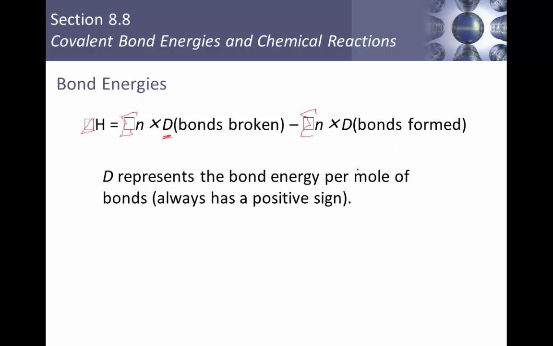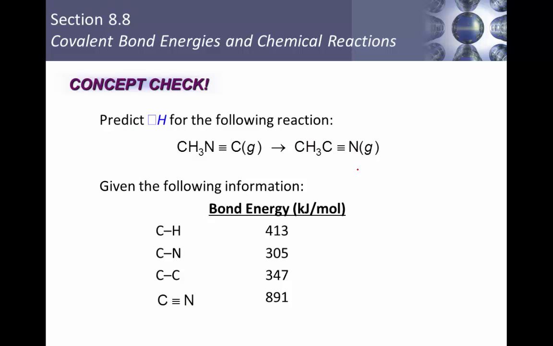Okay? So, here's a typical problem for finding the delta H of the reaction. So then you can tell, is this going to be an exothermic reaction or is this going to be an endothermic reaction? So what you have to be able to do is you have to be able to take your compound now and draw it more structurally.